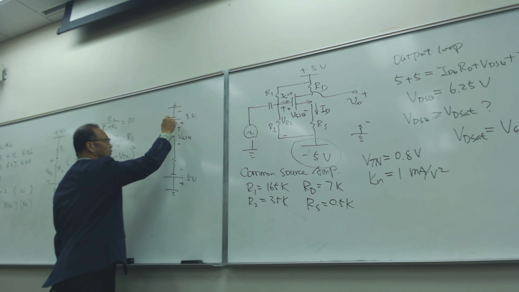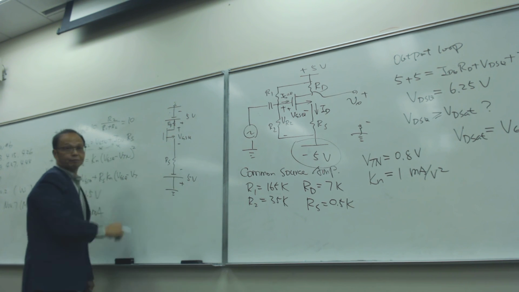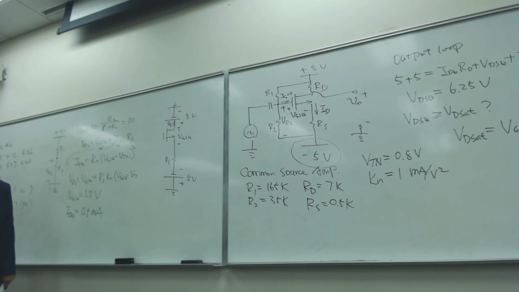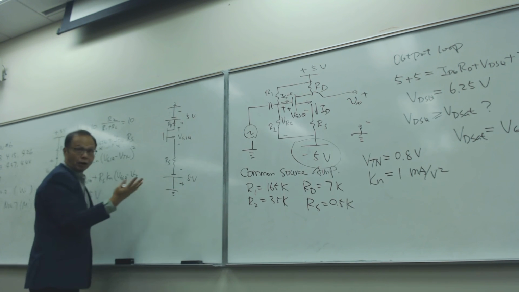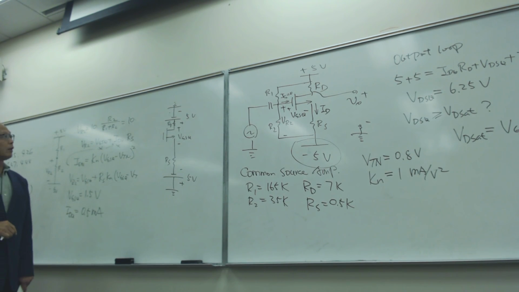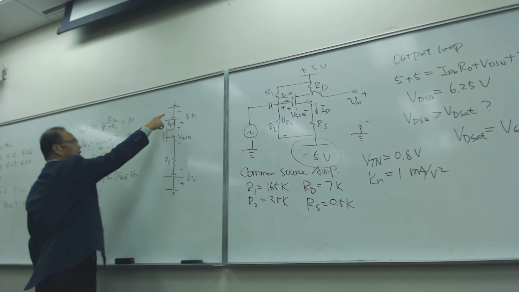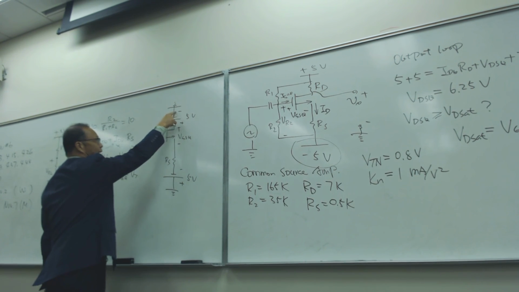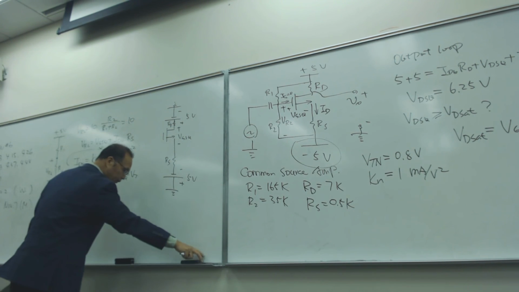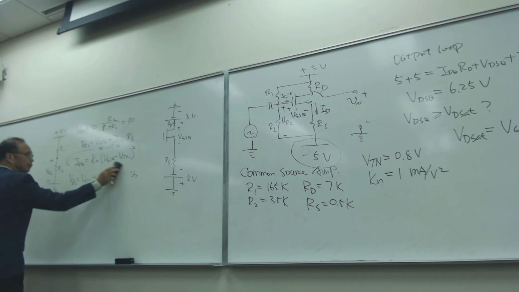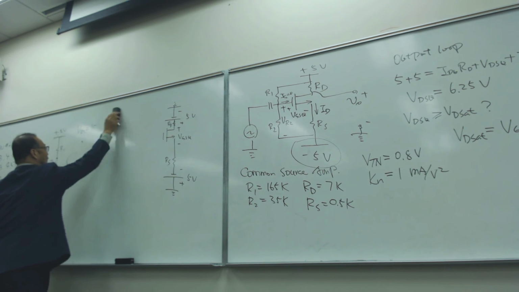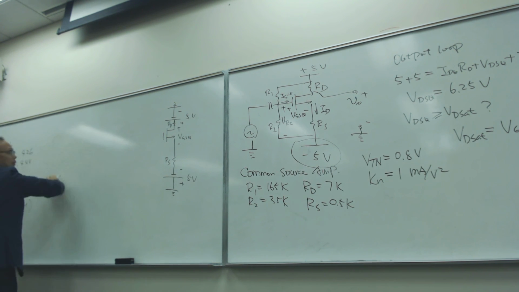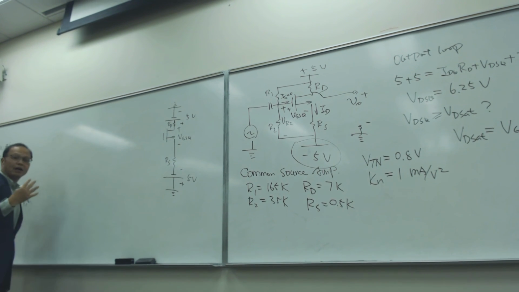Oh, sorry, there's an RD and an RS. Okay, so that's the loop. You go from the ground to the ground, right? So then this is minus to plus. I know this is a simple KVL.